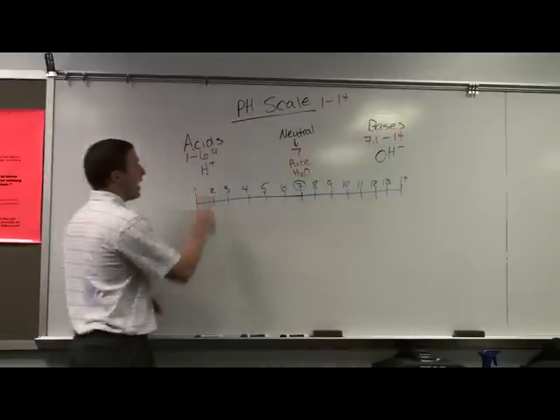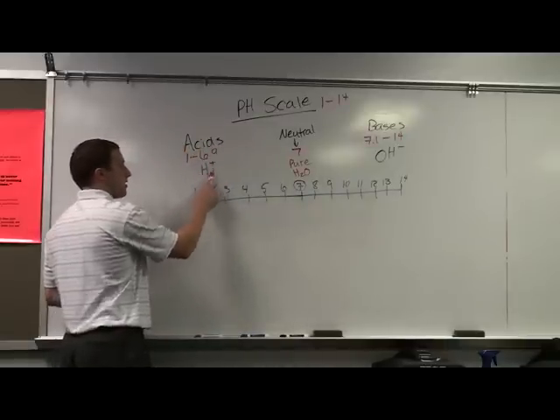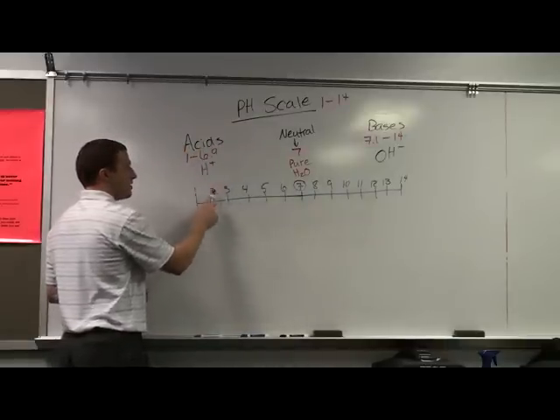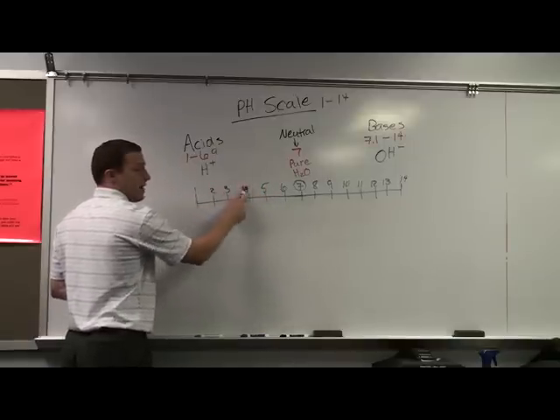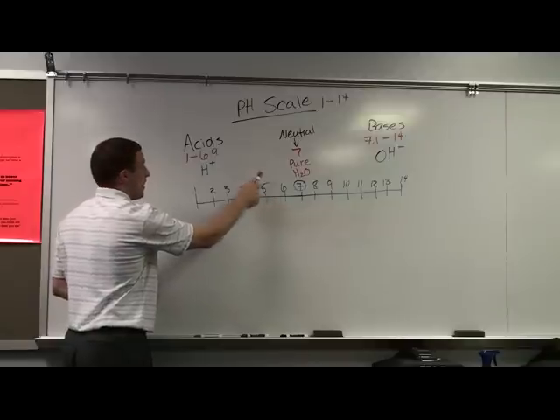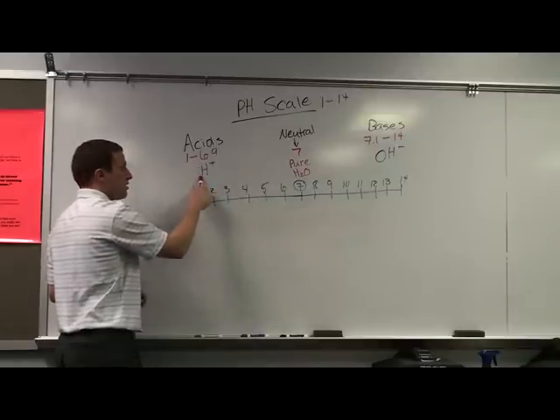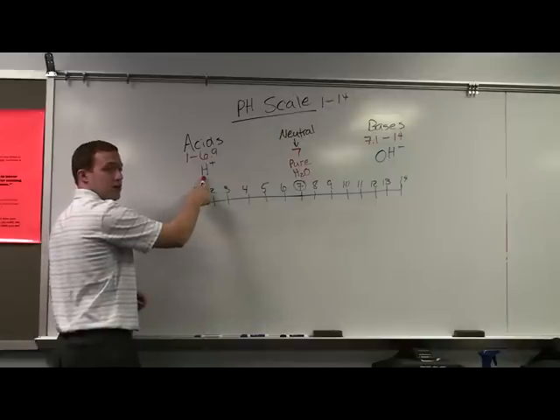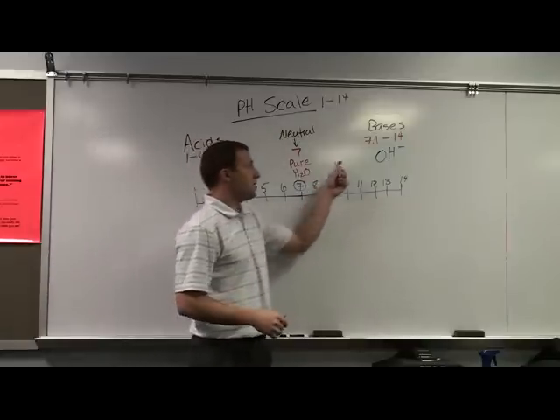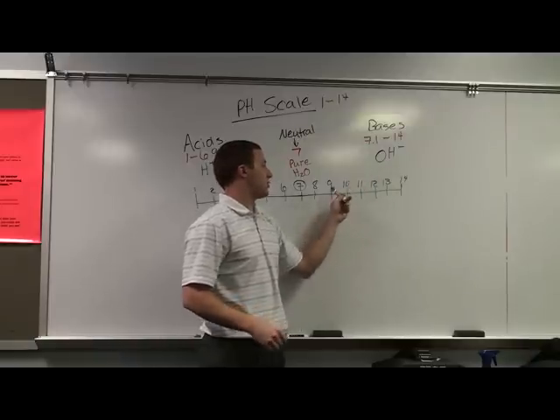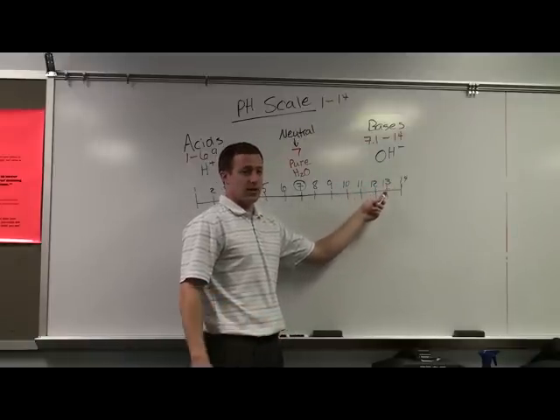If it's H, how many letters are in this? 1. How many numbers are on all the acids? 1. So they must be the H plus. What's H? Hydrogen. And it's an acid. And if you're a base, you're OH, which is 2 digits. Does that make sense? Okay?